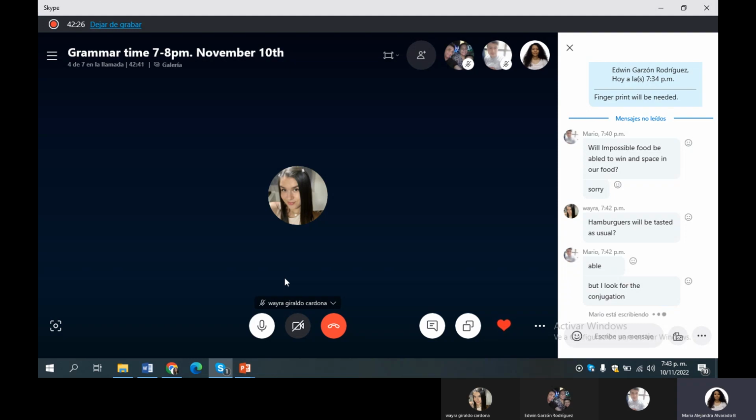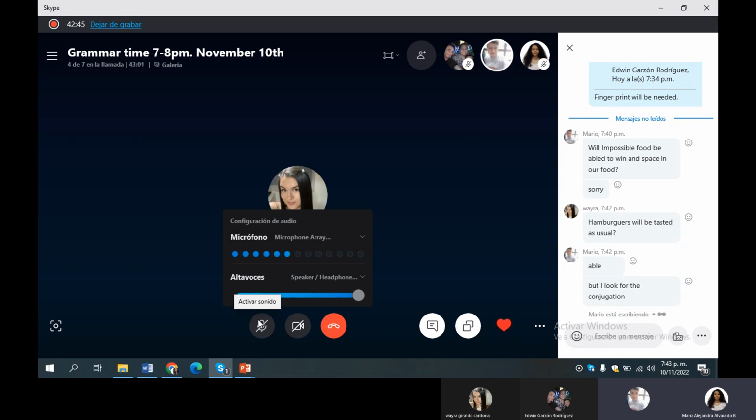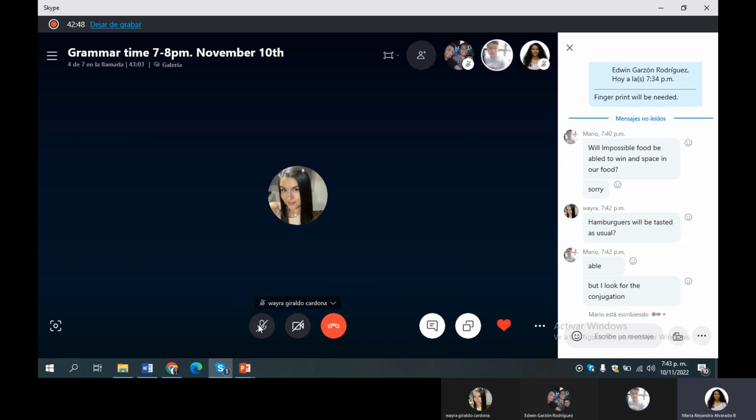What are you trying to say? It's like the impossible food will be able to gain space in what we eat. But I'm kind of confused. Yes, it sounds confused even in Spanish. Try another sentence. I'm having a bad time because I don't know how to put the context, but I'm going to try. Okay, go ahead.